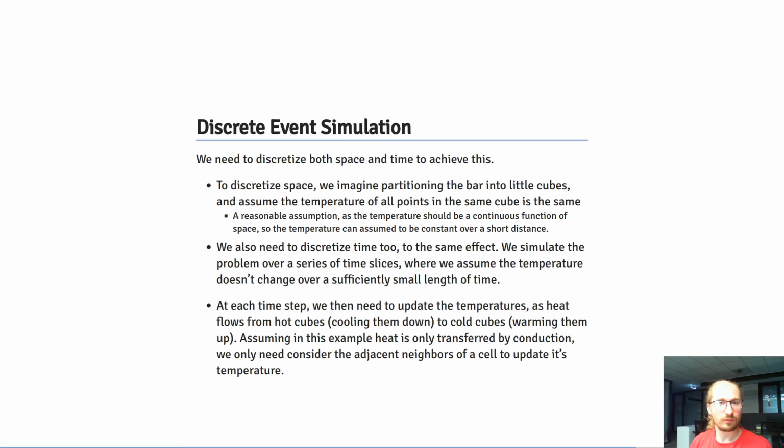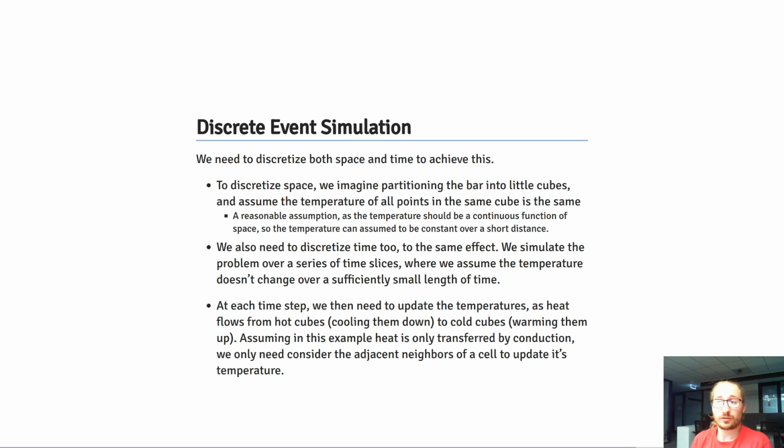This is not that unreasonable an assumption to make, because the temperature of the steel bar should be pretty continuous as a function of distance, right? There shouldn't be a point where it suddenly jumps up in temperature very quickly, right? It should be a nice smooth gradient. So by taking sufficiently short distances, that is, chopping up my steel bar into sufficiently tiny little cubes, this will be a pretty reasonable approximation for what the true value is going to be.